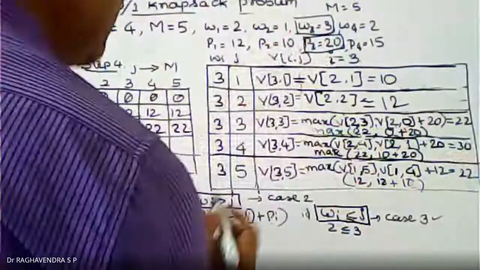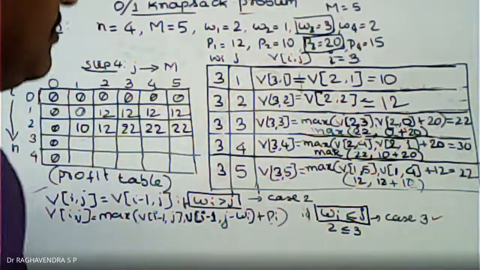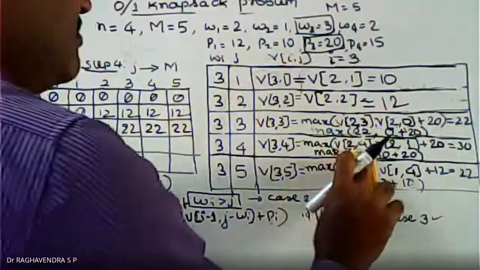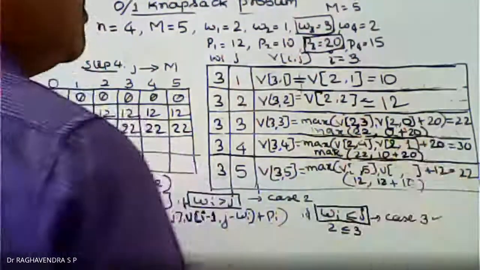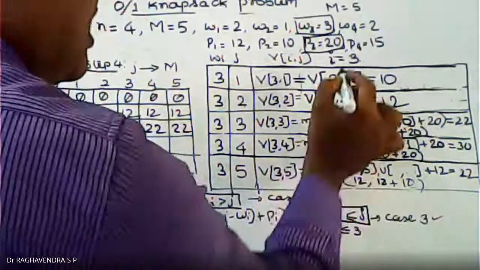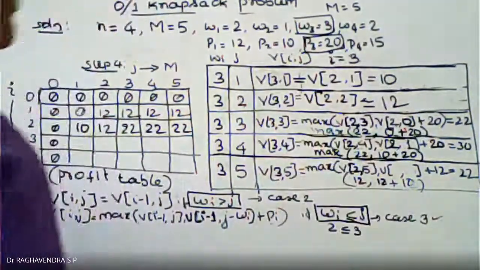Okay. Next, 3 comma 5. It fits to which category, case 2 or case 3? Case 3, because 3 is less than or equal to 5. So now find out the values. V of 3 comma 5: that is 2 comma 5.